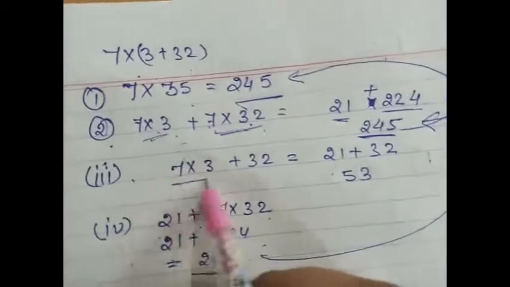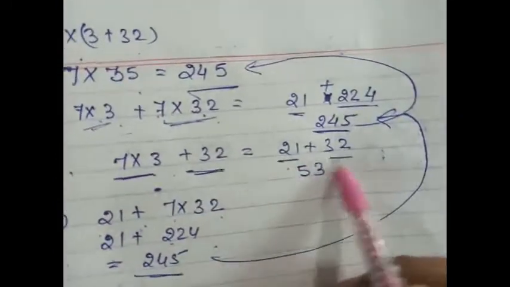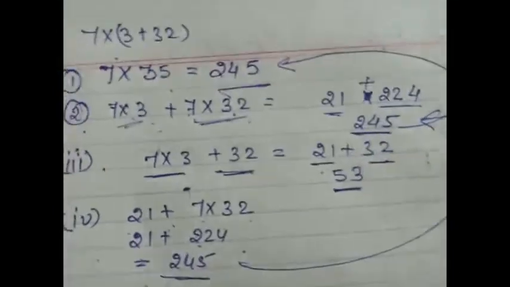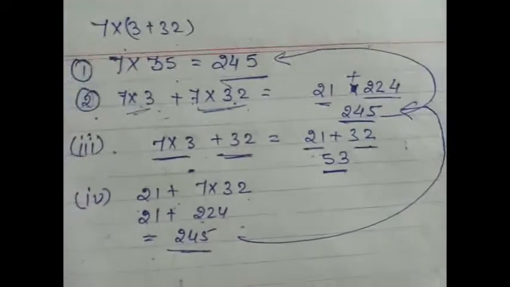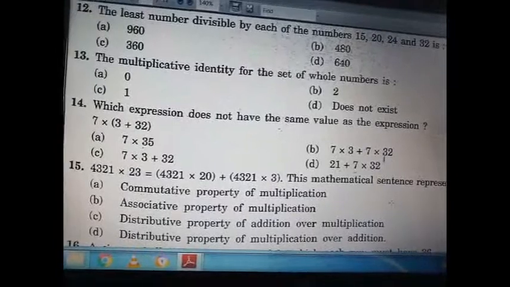But the option number 3, 7 into 3 plus 32, will give 21 plus 32, and 53 will be your resultant answer. So option number 3 will not give the same value. Okay, so here option number C will be the right answer.